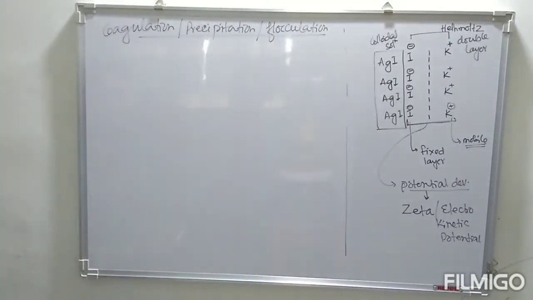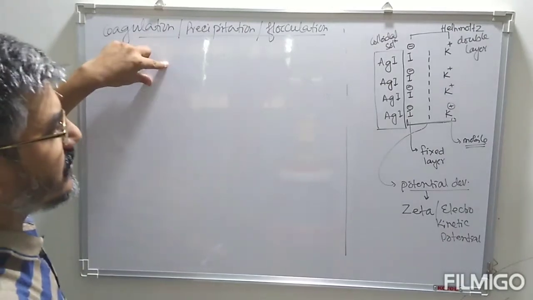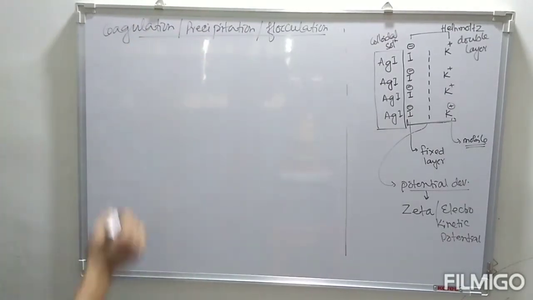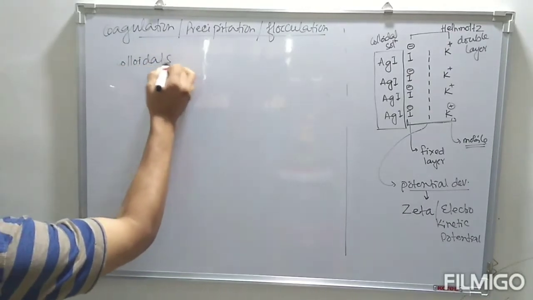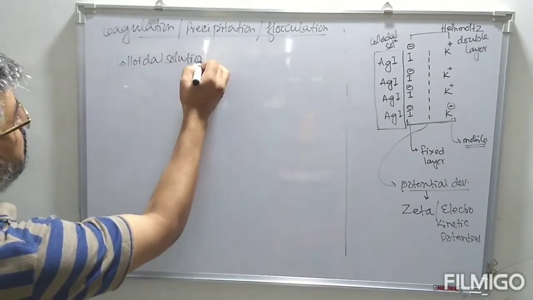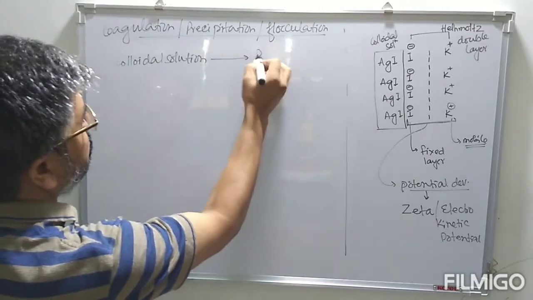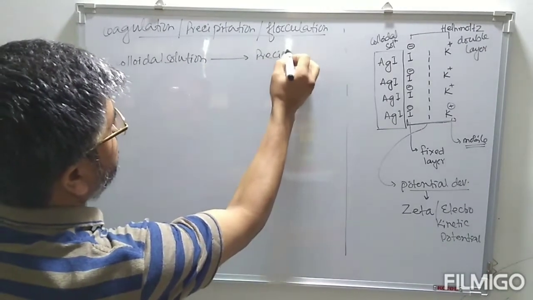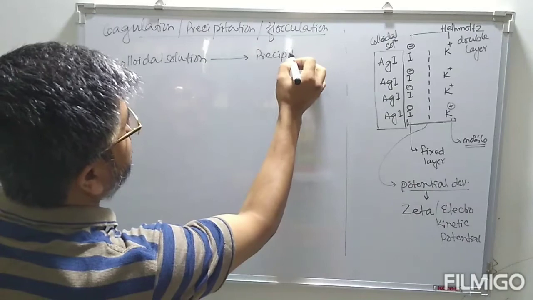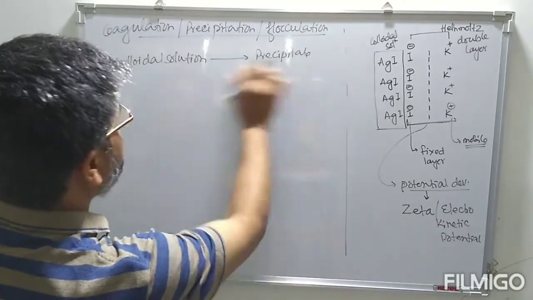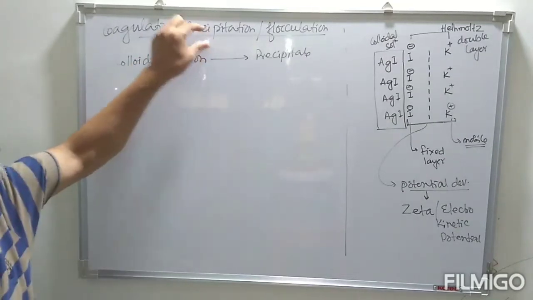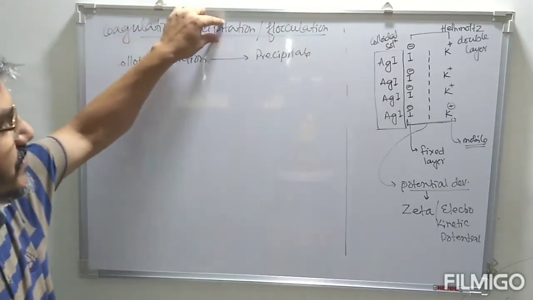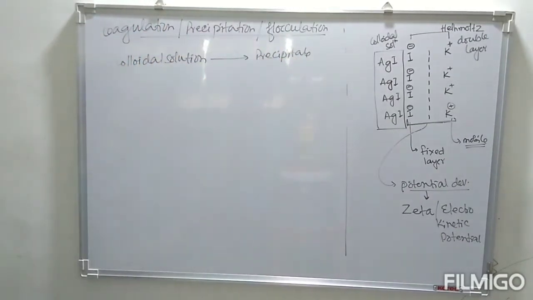Coagulation, precipitation or flocculation means conversion of colloidal solution into precipitate. So we have a colloidal solution. This colloidal solution is converted into precipitate. So conversion of colloidal solution into precipitate is what we call coagulation or precipitation or flocculation.